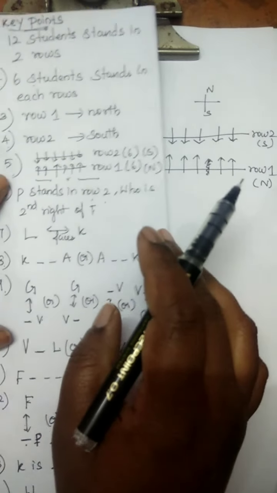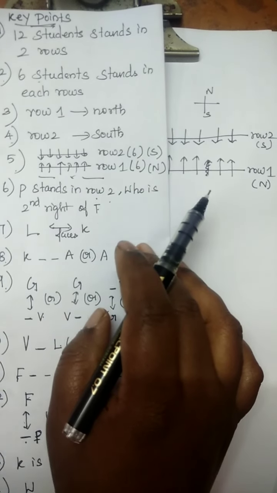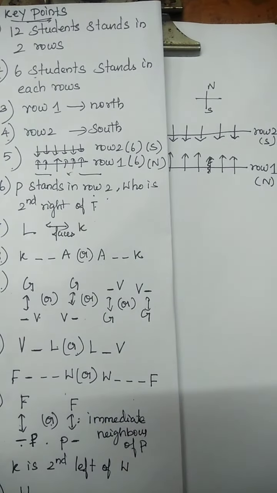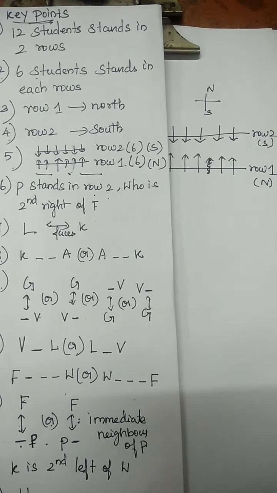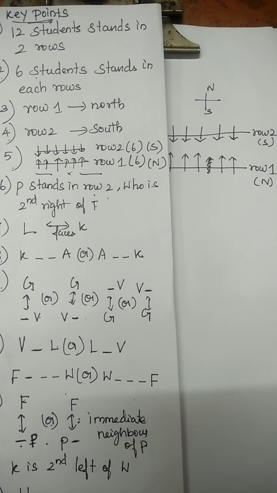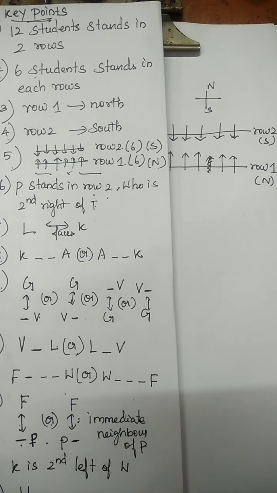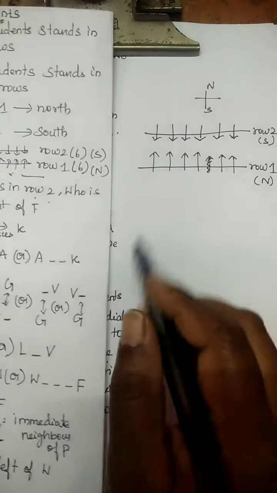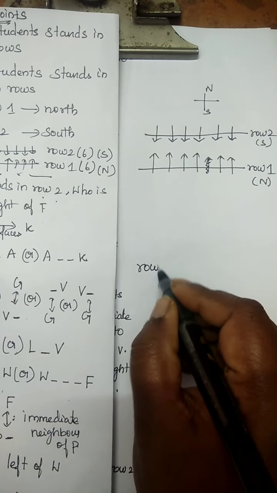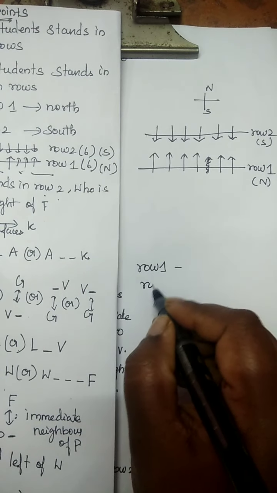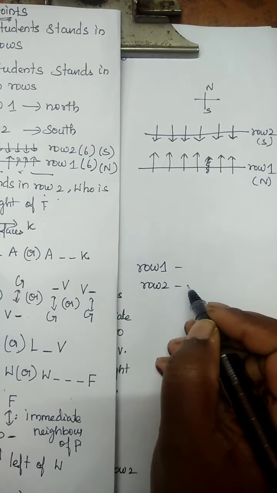So now we are going to find who are row 1 members and who are row 2 members.